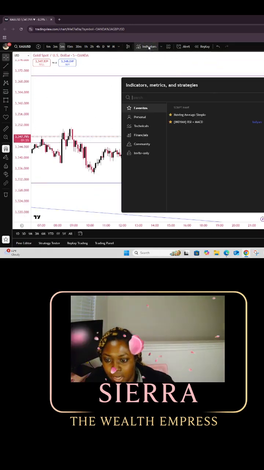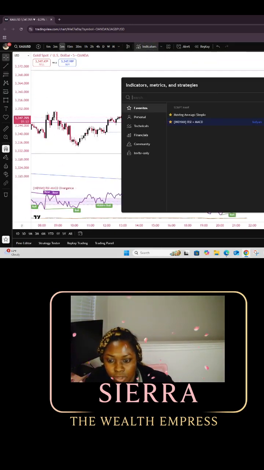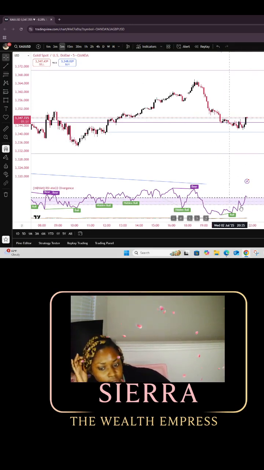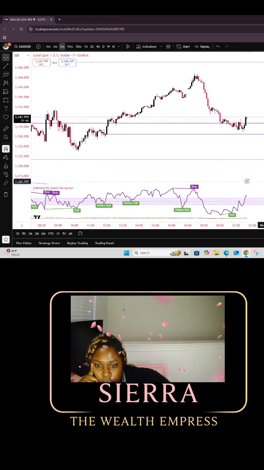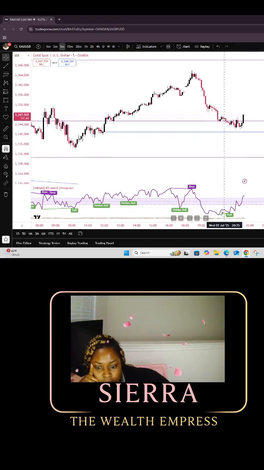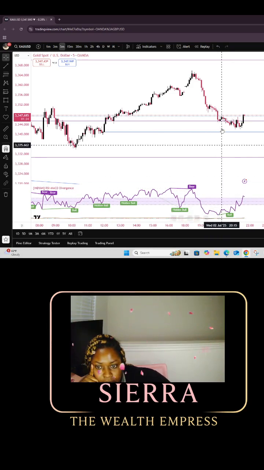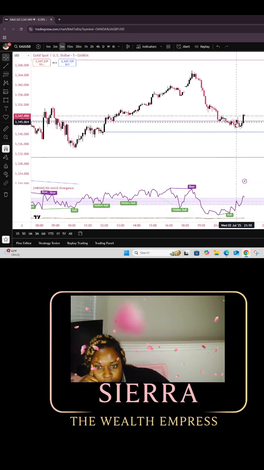I'm going to turn my indicator on now, and let's see what the indicator is saying. Okay, so the indicator gave us divergence, and divergence is when you see down here on the indicator prices making higher highs, higher lows, higher highs, higher lows, right? And if you follow this dotted line up here, this is the area that it's talking about.